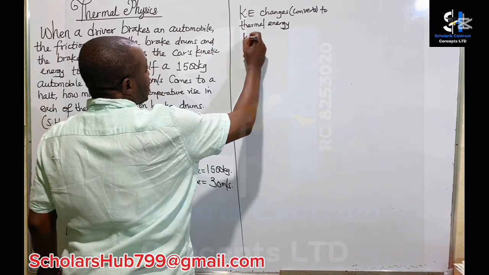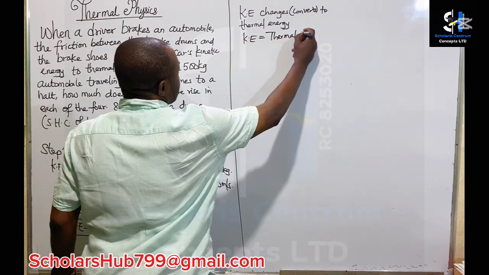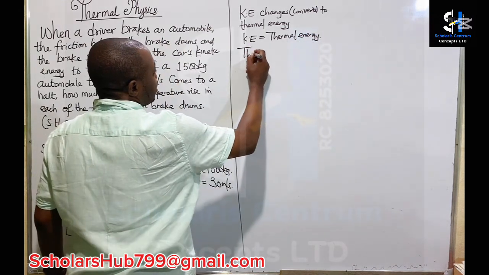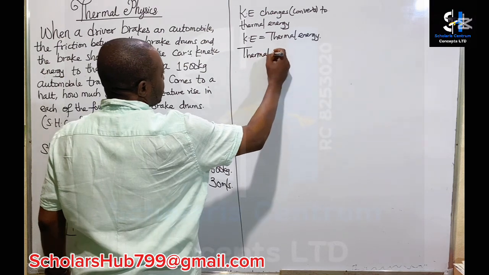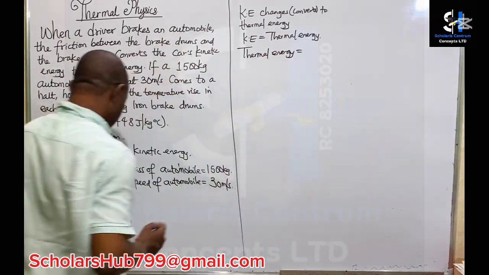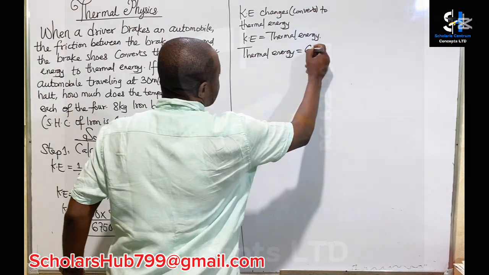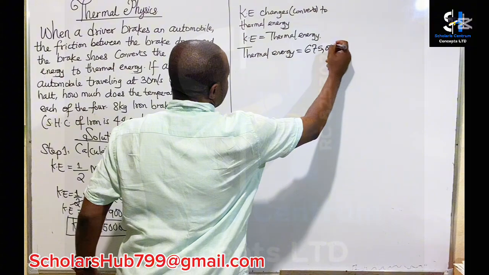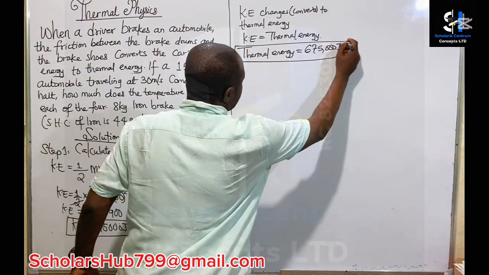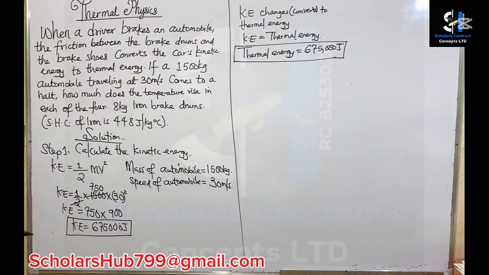So the thermal energy of the automobile, that's of the brake drums, will be equal to this value, 675,000 joules. That's the thermal energy.